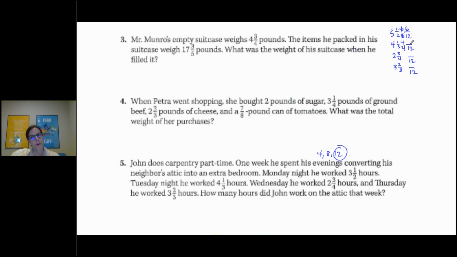So what's 1 times 4? 4. And then 4 times 3 is 12. So 3 times 3 is 9 over 12. And then what's this one become? 8 over 12. Yep. And then go ahead and add all of your numerators.